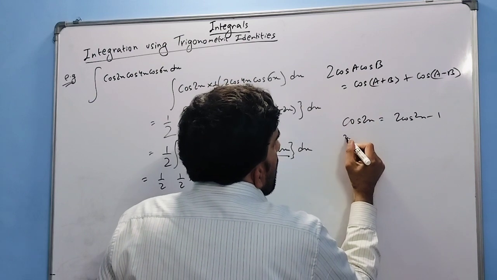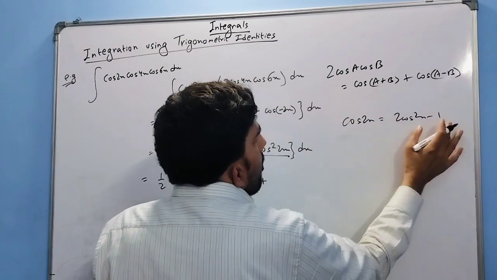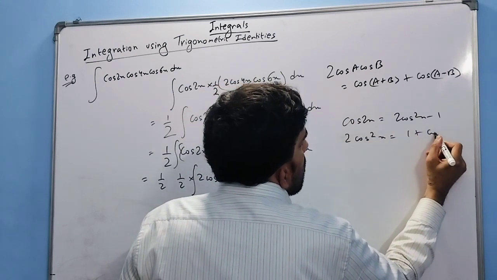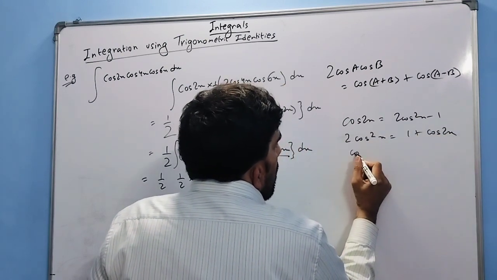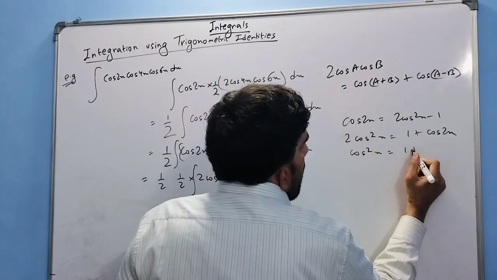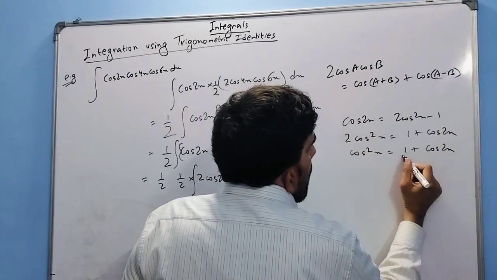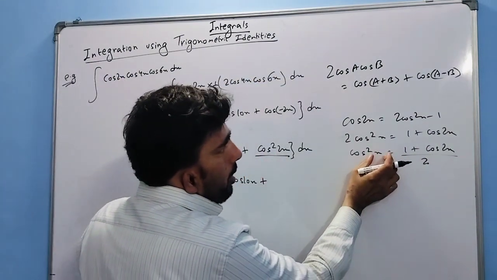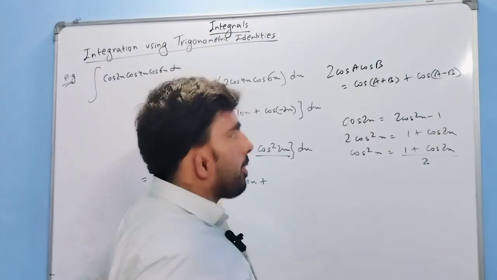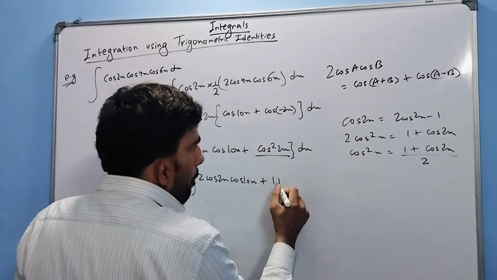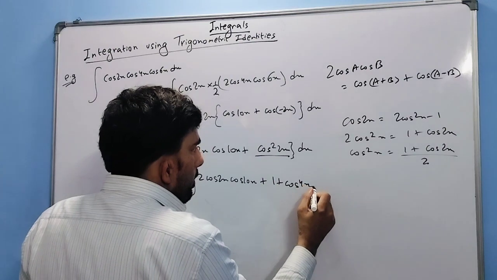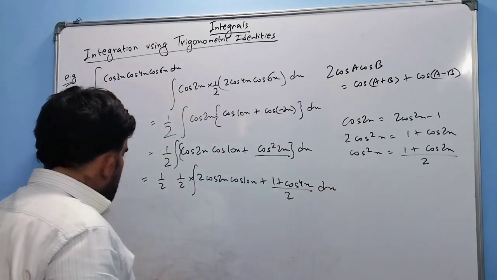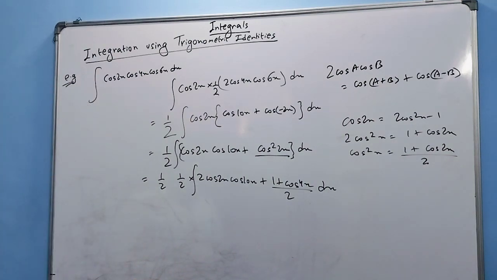So we'll apply here. 2 cos square x is equal to 1 plus cos 2x, or cos square x is equal to 1 plus cos 2x upon 2. But here it is cos 2x, so if I take 2x, it will be cos 4x. So what will happen? 1 plus cos 4x upon 2. Okay, so that is how we can easily solve this.